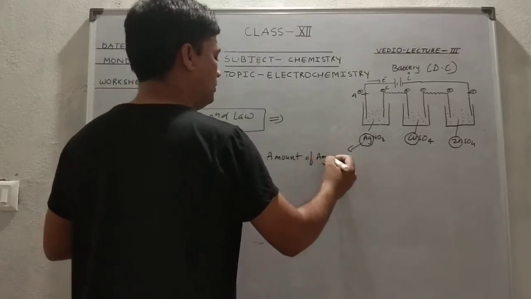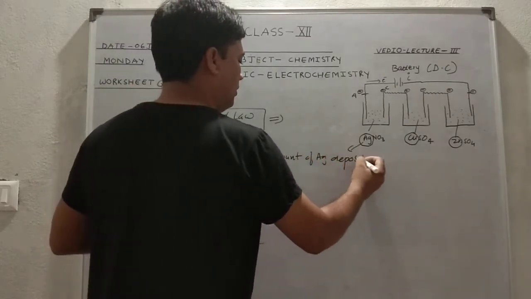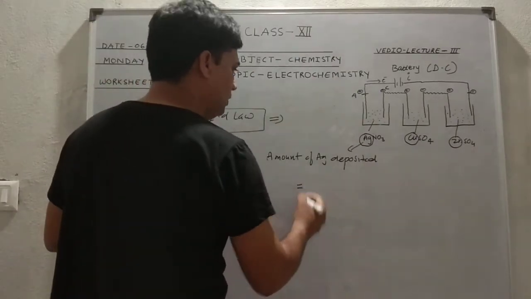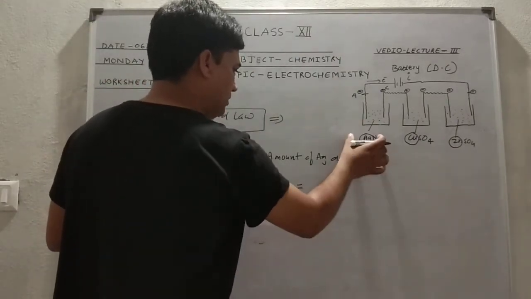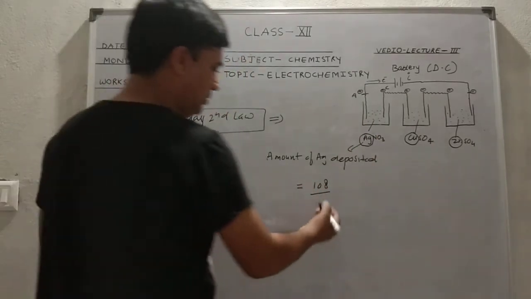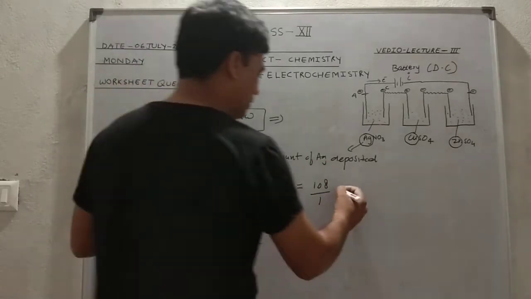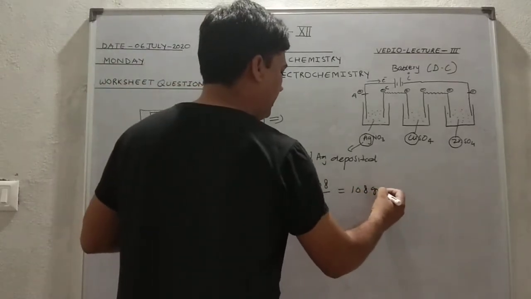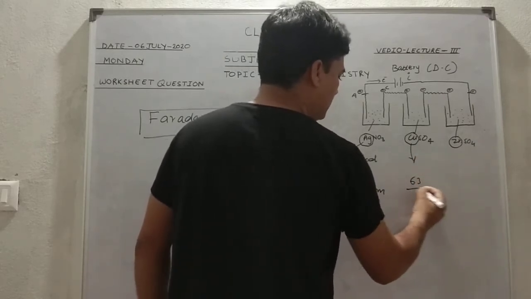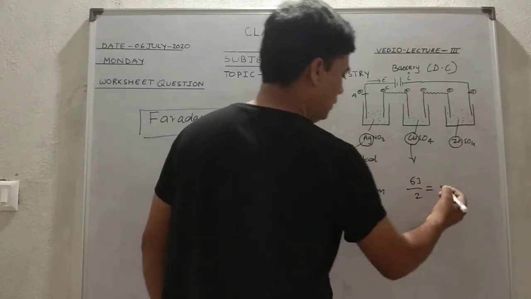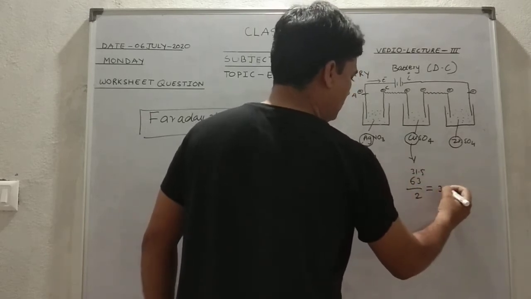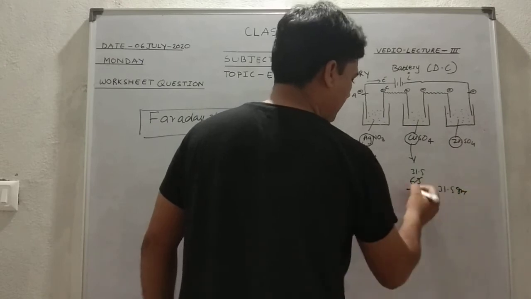Amount of silver deposited is equal to atomic mass of silver divided by charge, so it is equal to 108 gram. Amount of copper deposited is 63 divided by 2, so it is equal to 31.5 gram.